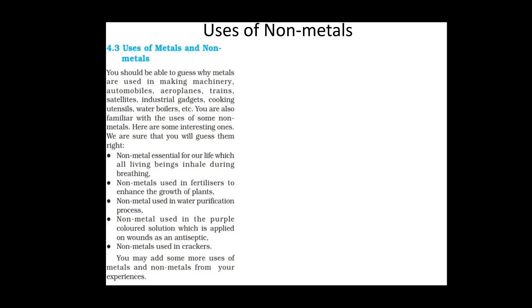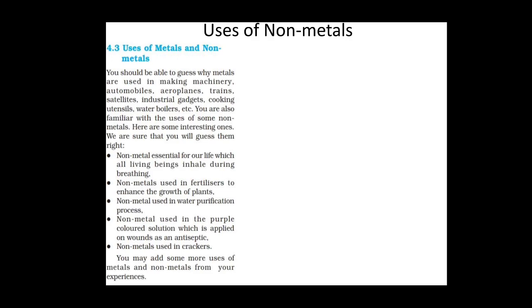That is oxygen. Non-metals used in fertilizers to enhance the growth of plants. What are they? Nitrogen. It can be phosphorus also. Remember NPK? It is there in your first chapter, crop production. NPK, the K is potassium, that is a metal. So we will consider only the non-metals, that is nitrogen and phosphorus.